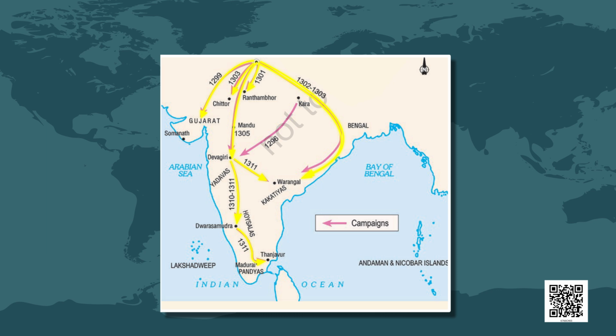This map shows the expansion of Alauddin Khalji from Delhi to a vast area in southern India.